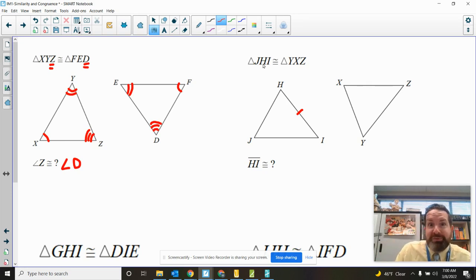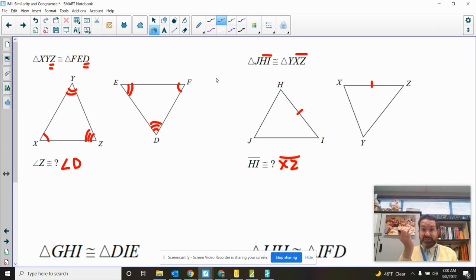Remember, the order of the letters matters. H and I is the last 2 letters, so in the second triangle, I want the last 2 letters. So the X and the Z, that's the side that matches up and is the same length as side HI.